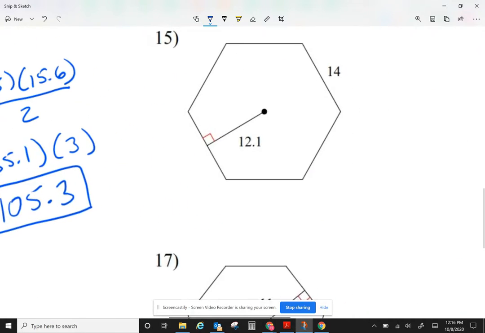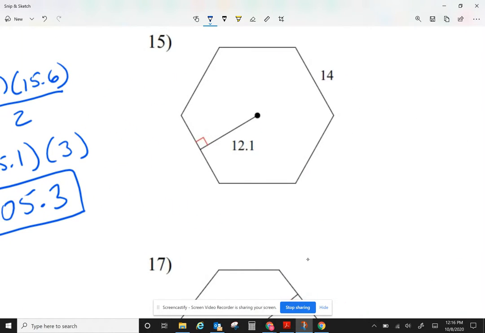Let's take a look at number 15. I'm just going to be focused on this triangle, because I can see the 90-degree angle inside. I know this measurement on the outside is 14 because I said that all the sides on this polygon are going to be equal. So to get the area of that triangle, I'm going to go 12.1 times 14.